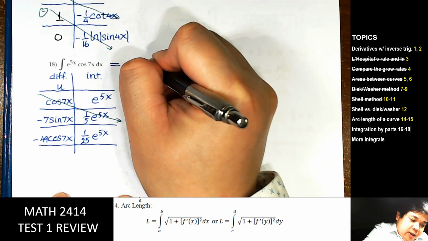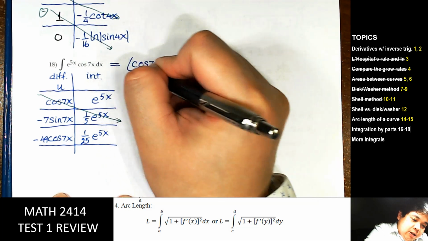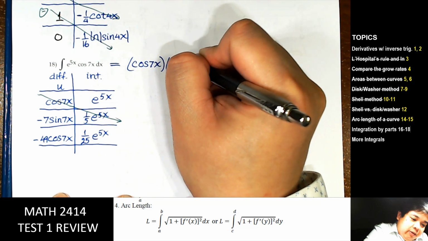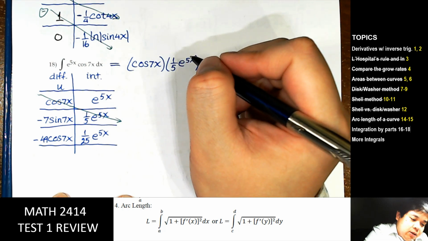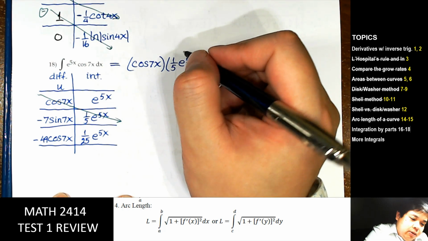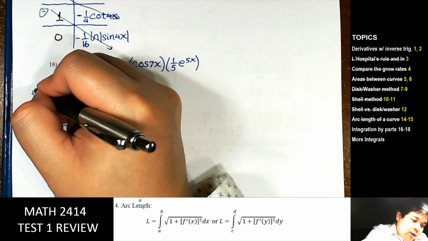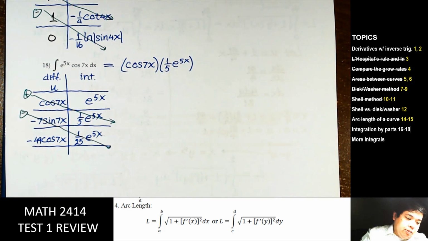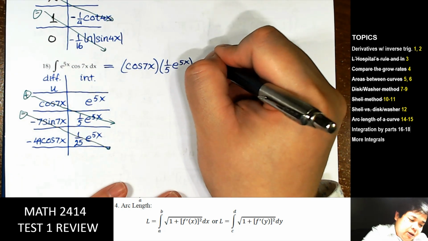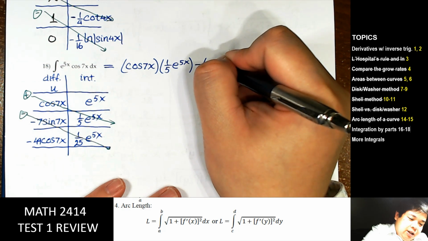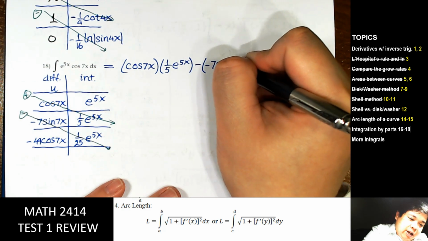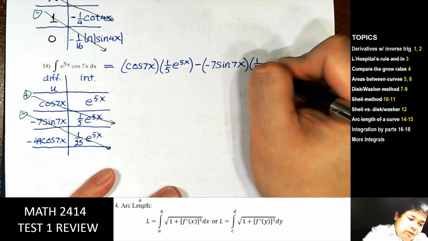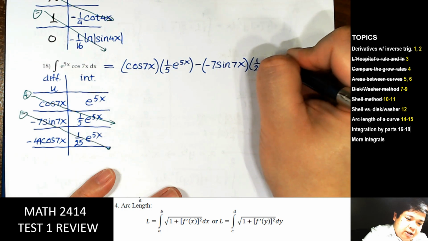Right. So the first diagonal, we still have that: cosine of 7x times 1/5 e to the 5x, and then minus negative 7 sine of 7x times 1 over 25 e to the 5x.